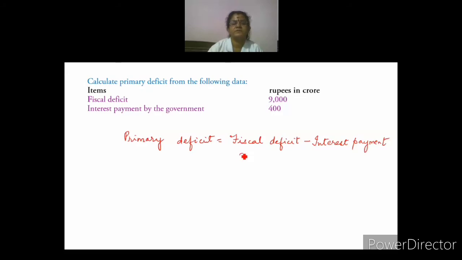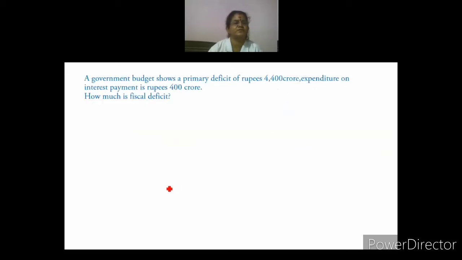Fiscal deficit is rupees 9,000 crores. Interest payment is rupees 400 crores. So it comes to 8,600 crores.